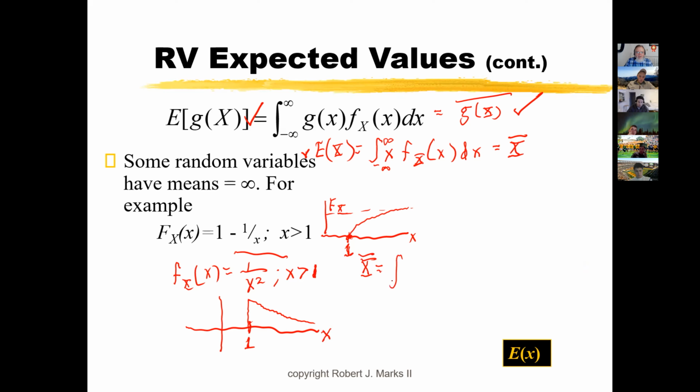The mean is the integral from 1 to infinity of x times f sub x dx, which is equal to the integral from 1 to infinity of x times 1 over x squared dx, which is equal to the integral from 1 to infinity of dx over x, correct?